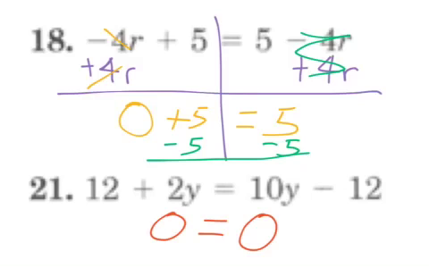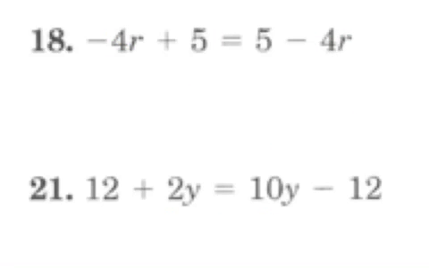So if you get 0 equals 0, and therefore it's true, the answer is all real numbers. And that's the symbol. It looks kind of like a jazzed up R. What all real numbers means is that no matter what value I pick for r, let's say I picked the number 3.